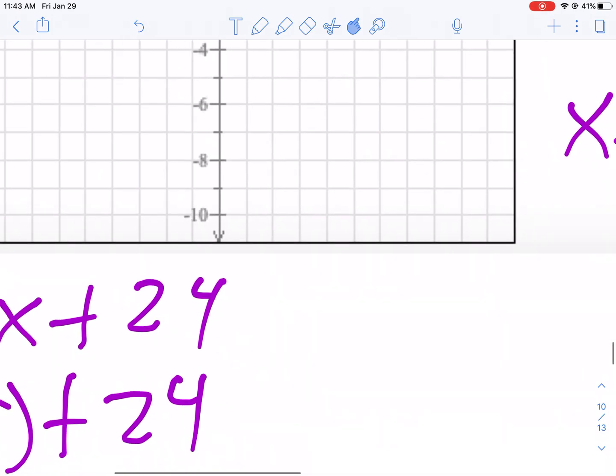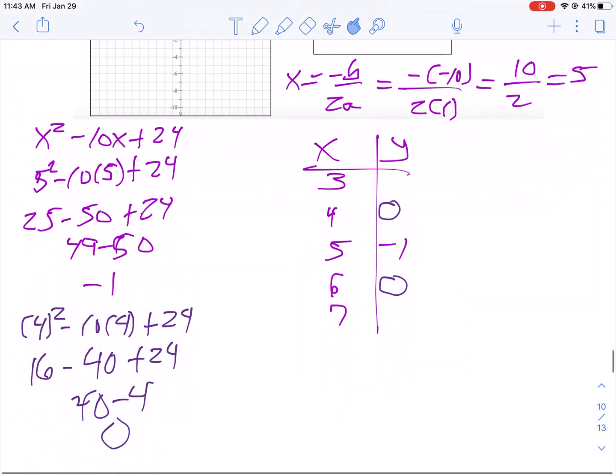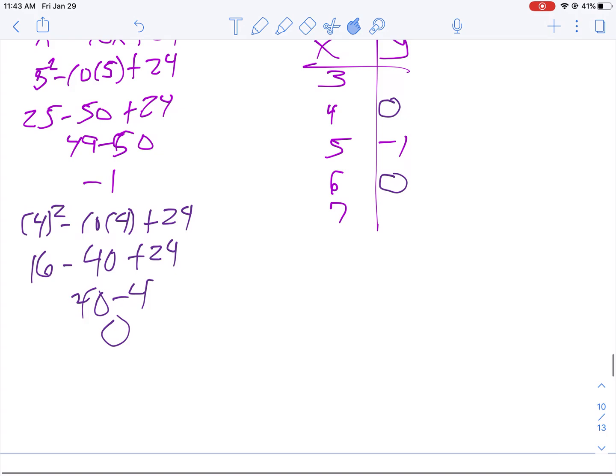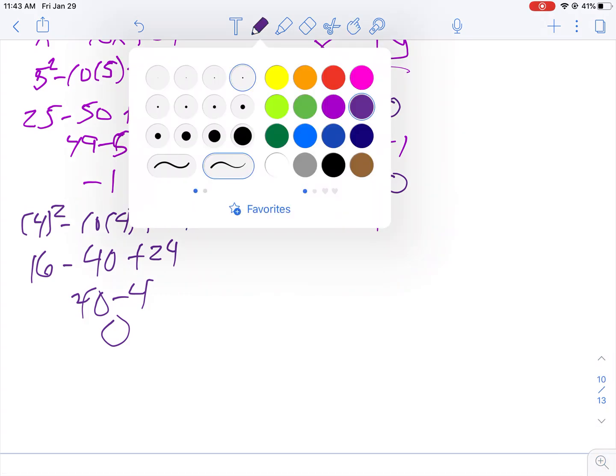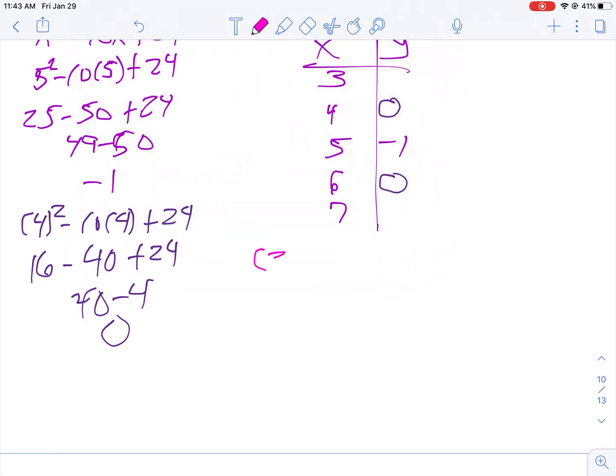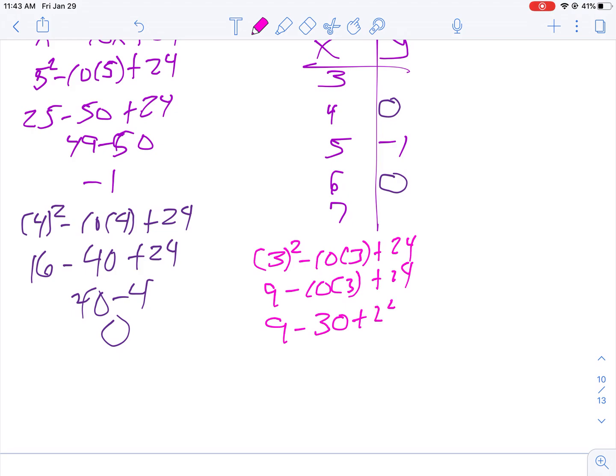Finally, let's do it when x is 3. So I'm going to say 3 squared minus 10 times 3 plus 24. Well, that's 9 minus 10 times 3 plus 24, or 9 minus 30 plus 24. 9 plus 24, well, that's 33.